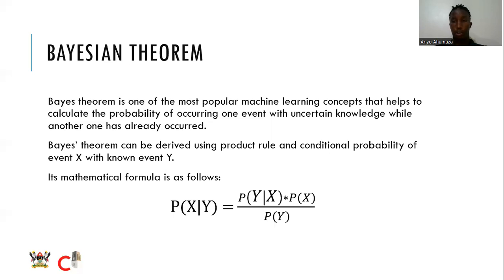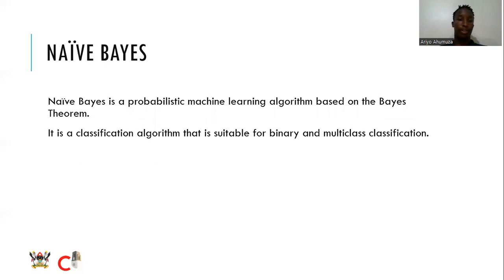This is where we bring up conditional probability. Bayes' theorem can also be derived using the product rule and the conditional probability of event X with known event Y. The formula is as follows in the presentation.